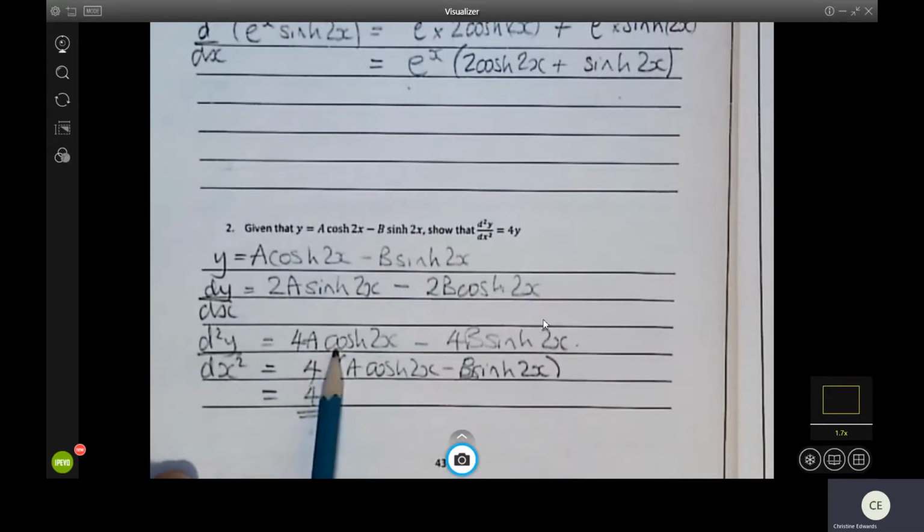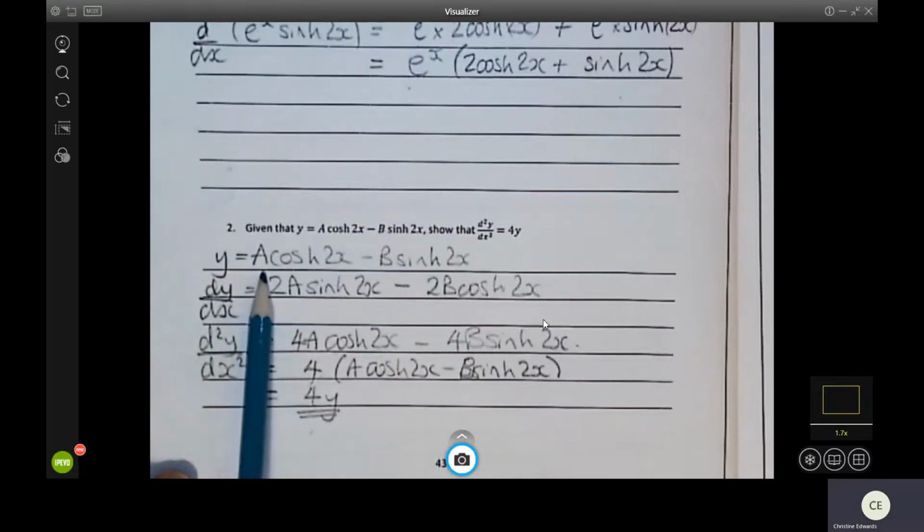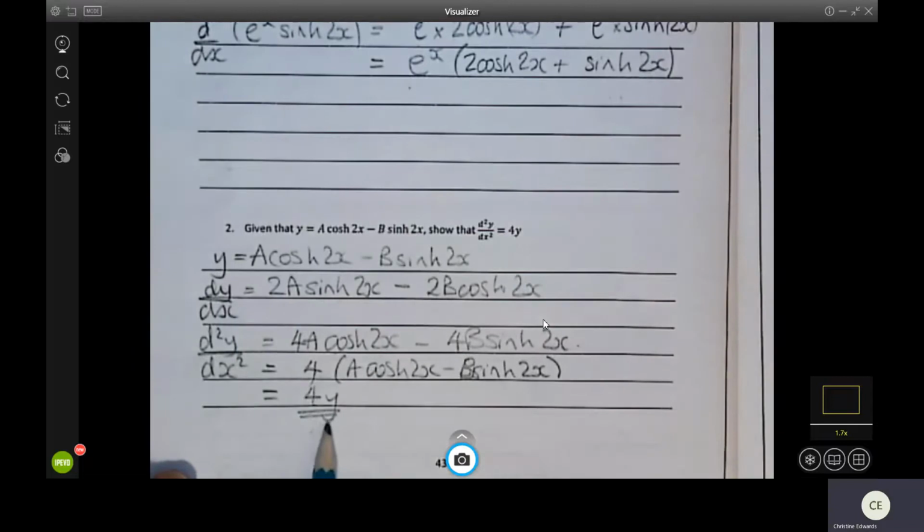We then repeat the differentiation to obtain the second derivative, again using the chain rule, and then we factorise, and you can see that having taken a 4 out, the expression that's left in the bracket is in fact y, so therefore we have shown the second derivative is 4y.